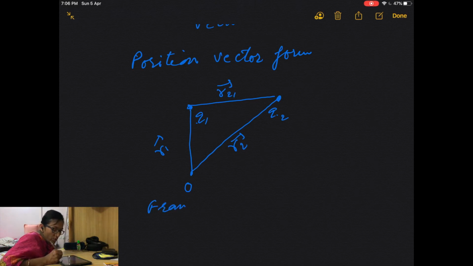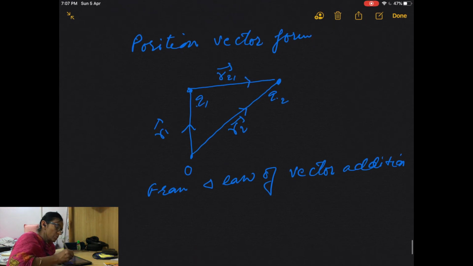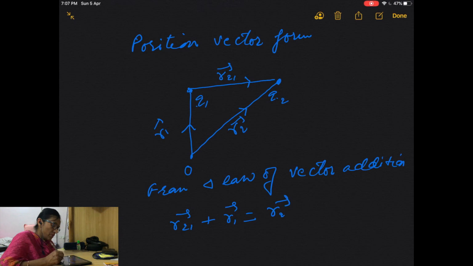So from the triangle law of vector addition, let me put the direction of these vectors too. R21 vector plus R1 vector is equal to R2 vector. Therefore, R21 vector is equal to R2 vector minus R1 vector.